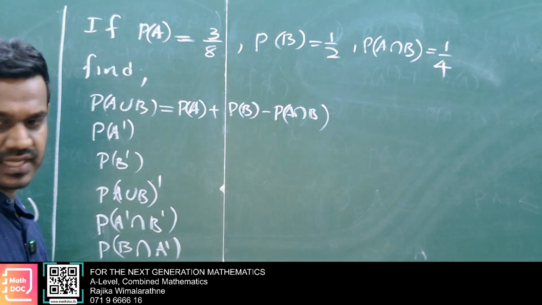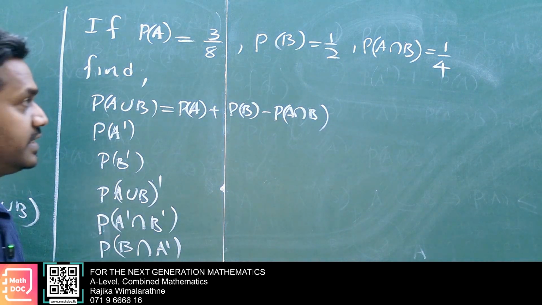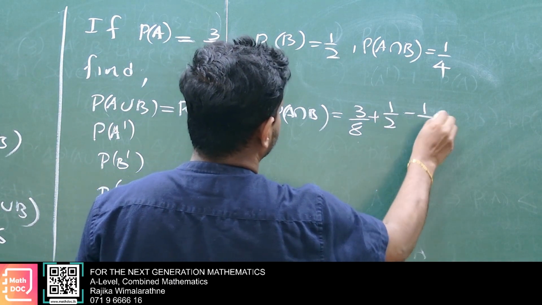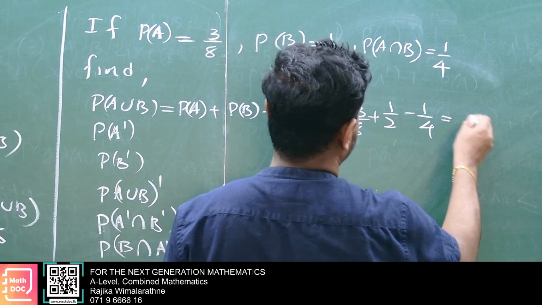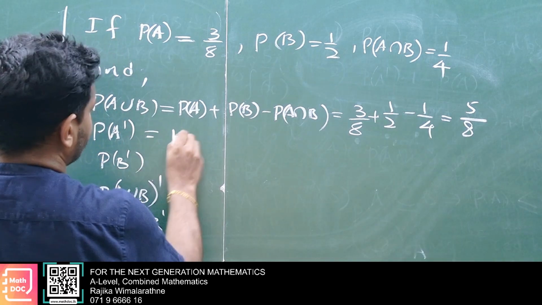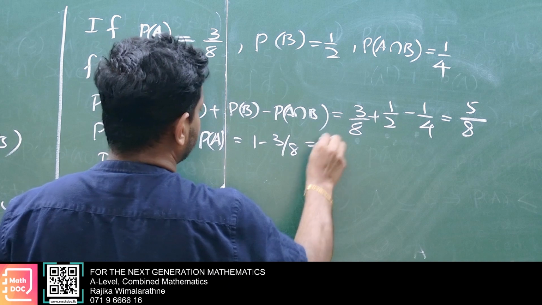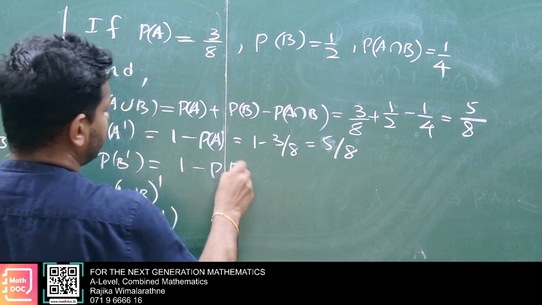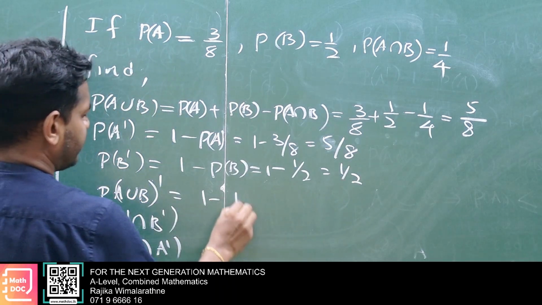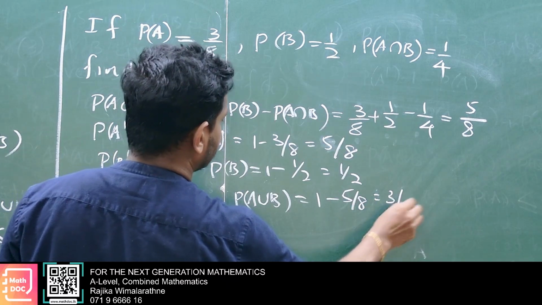These are part A standard questions. You directly have to deal with these formulas. Then P(A) 3/8, 1/2, 1/4. Then 3 plus 4 is 7, minus 2, 5 over 8. 1 minus P(A), 1 minus 3 over 8, 5 over 8. 1 minus P(B), 1 minus 1 over 2, half. 1 minus P(A union B), we got that before, 5 over 8, so 3 over 8.